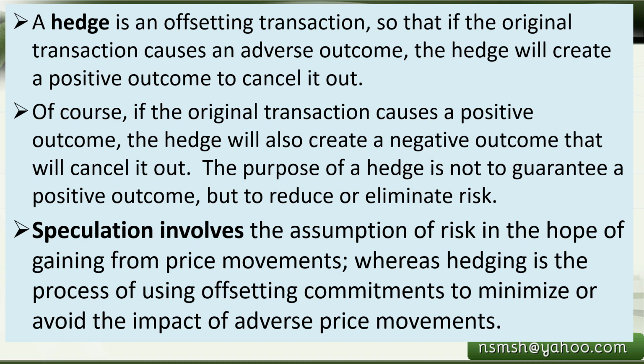So the net effect is that only the minimum cost of the hedging will be affected. The purpose of a hedge is not to guarantee a positive outcome, but to reduce or eliminate the risk. If the worst situation happens, this hedging will offset it. That is the main purpose of it.